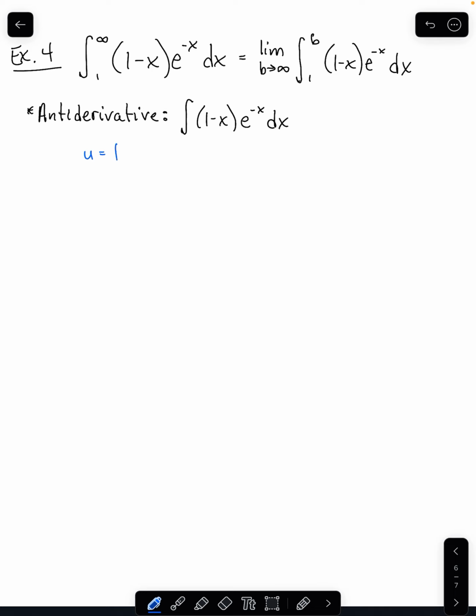So I will let u equal 1 minus x, while dv is equal to negative e to the negative x dx. Du is therefore negative 1 times dx, while v is equal to negative e to the negative x.